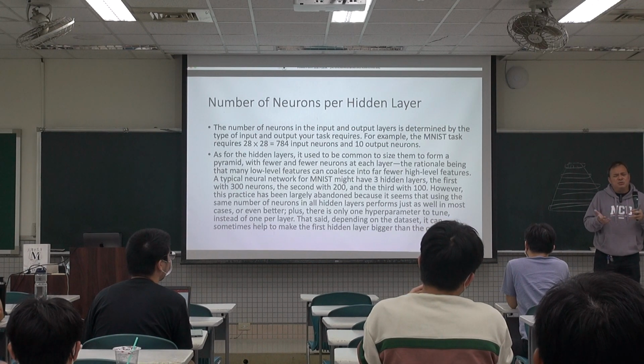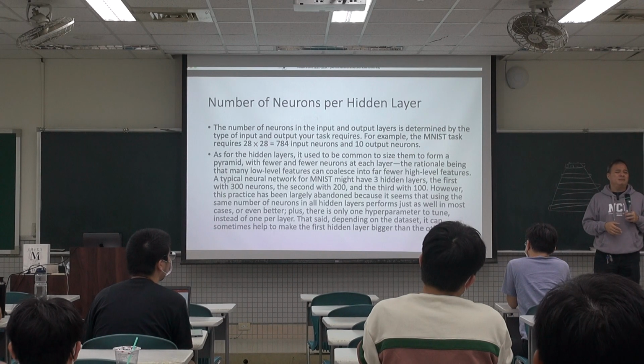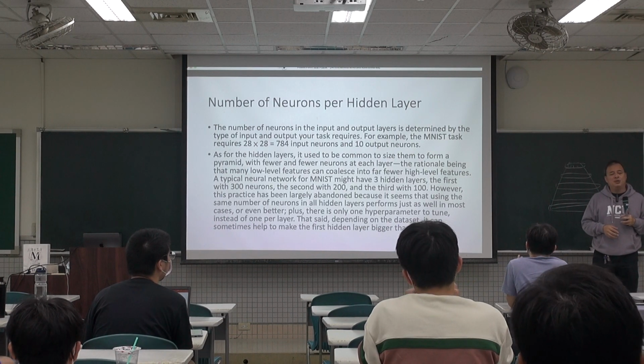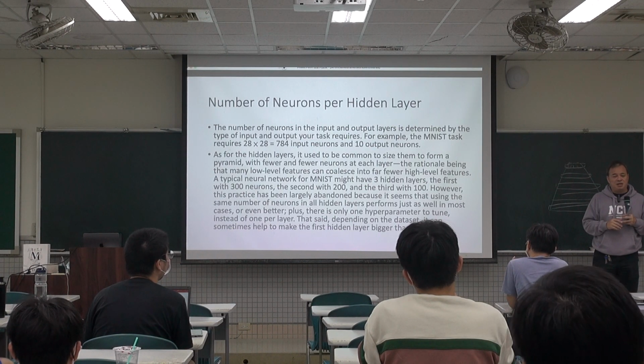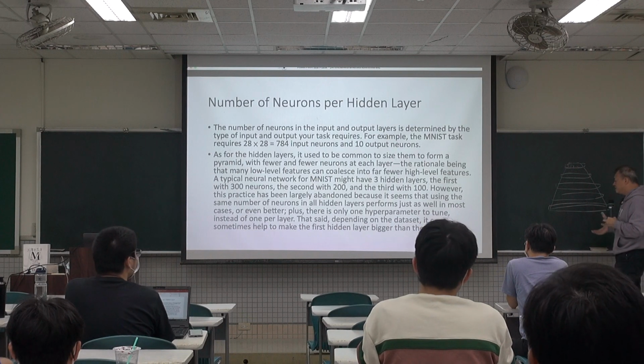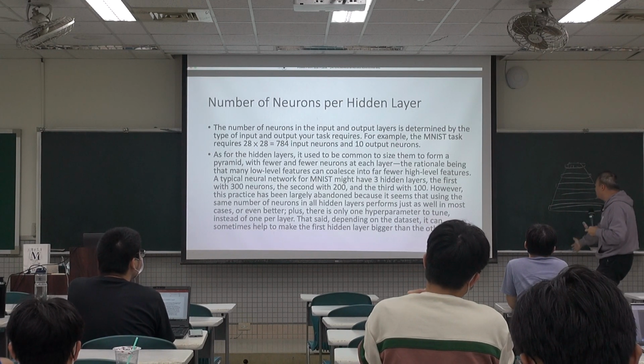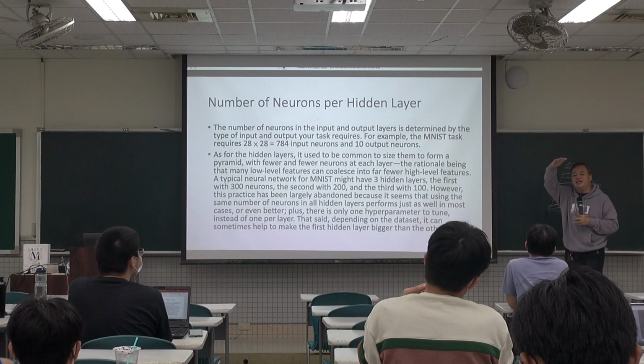So too many hyperparameters may also be difficult, especially when you want to do a hyperparameter combination search. Some people nowadays suggest we just use the same number of neurons for every layer.